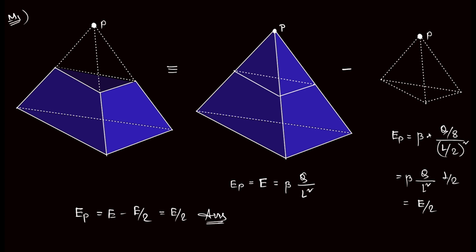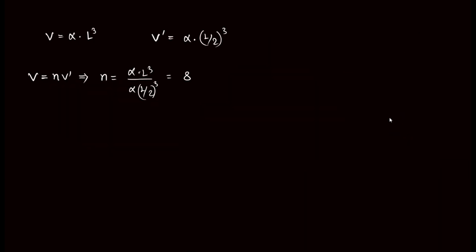For this calculation of charge, we have to see how many such tetrahedron segments are there in this bigger tetrahedron. If that is an integer, then we can calculate it easily. So for that I have assumed the formula for volume of this tetrahedron, because I don't know the actual formula.